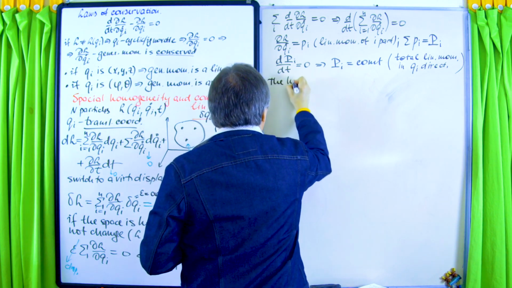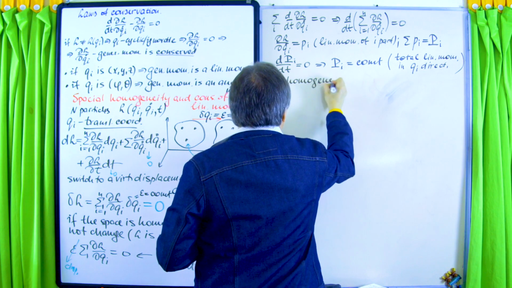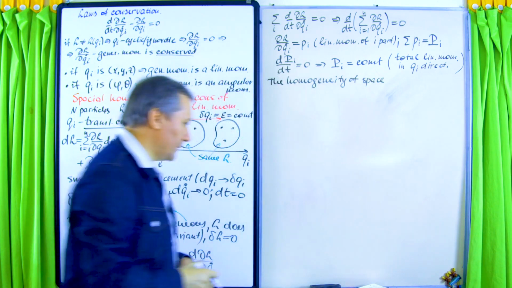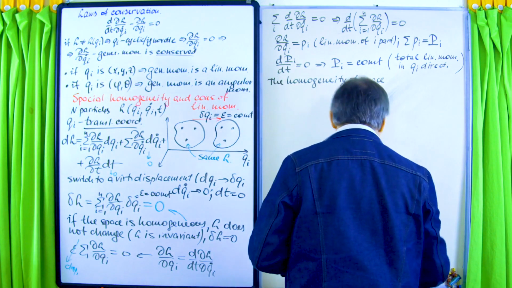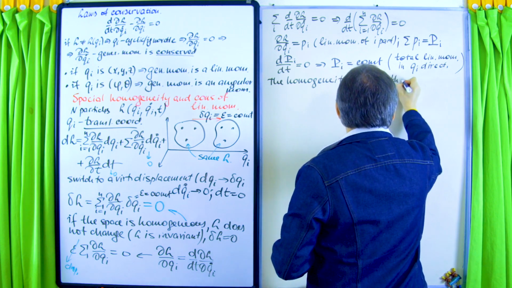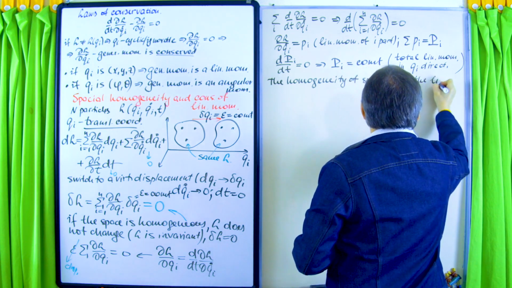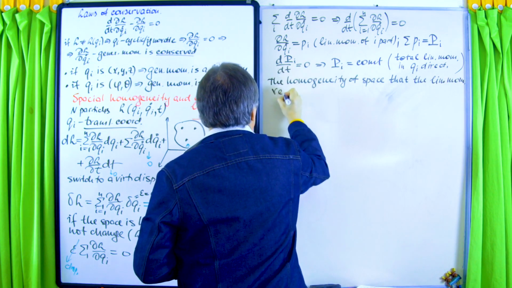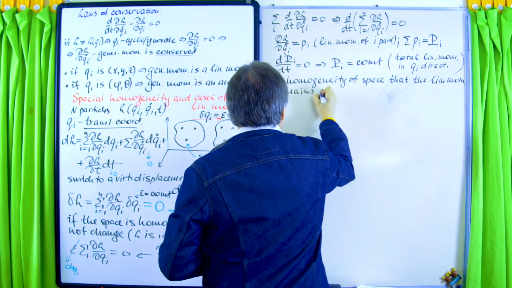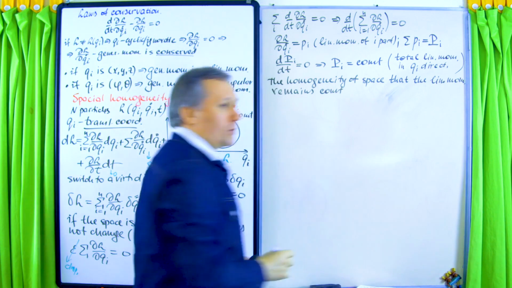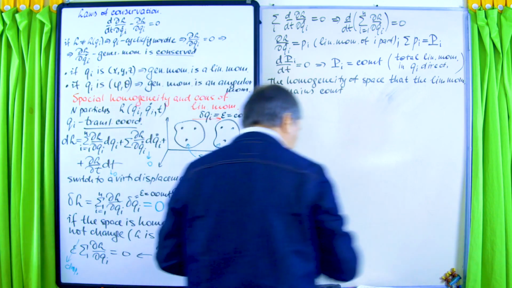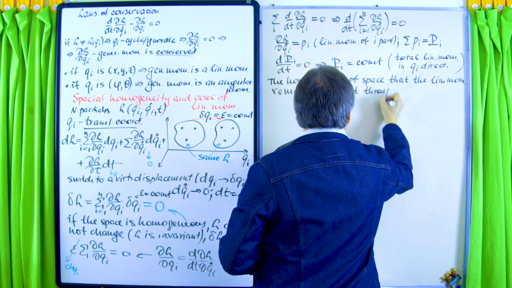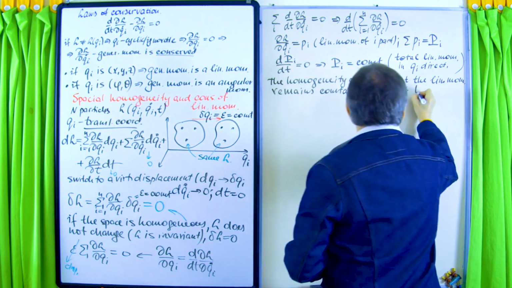So the homogeneity of space implies that the linear momentum remains constant, or conserved, throughout the entire motion.